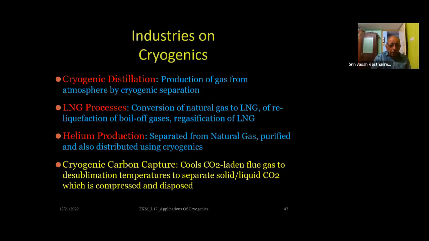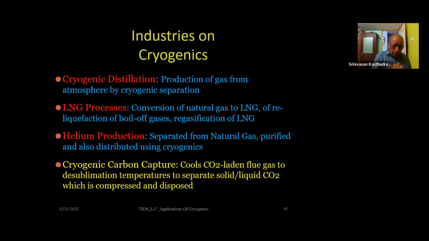Now we come to the last part, cryogenic carbon capture. Normally you get a CO2-laden flue gas coming out of your systems. In the cryogenic system, the flue gas is desublimated.